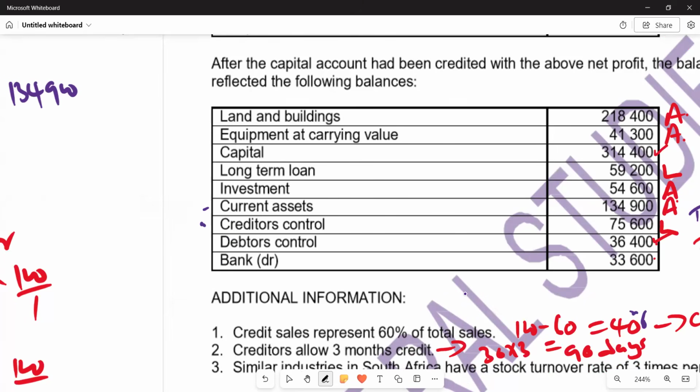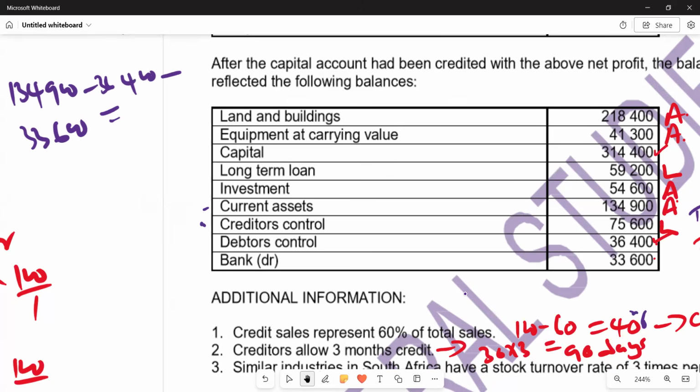But we are only given debtors control as a current asset and bank as a current asset. So if you subtract these two, we get the figure for stock. So we are saying minus 36,400, and then you subtract also 33,600. Let's try to find out what we get there. 134,900, and then you subtract 36,400.